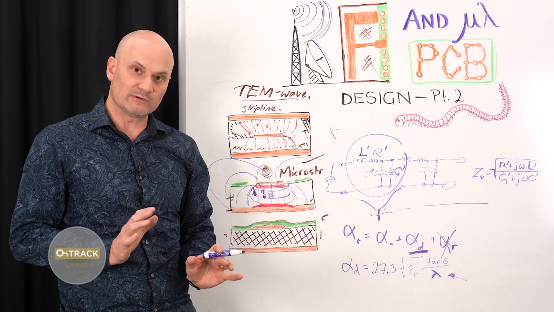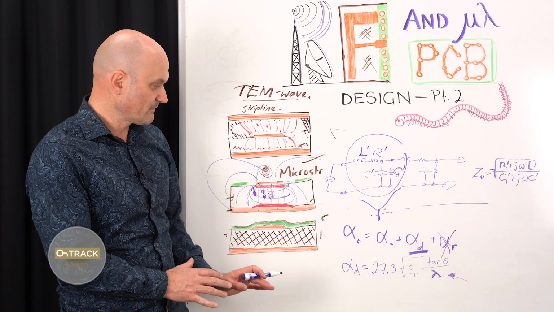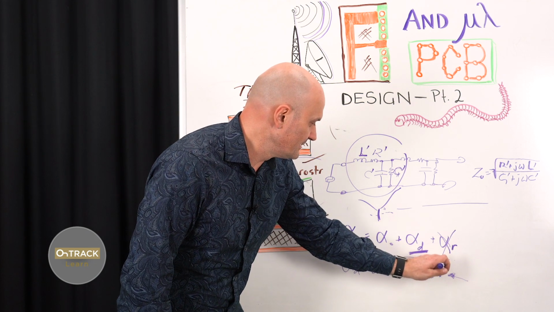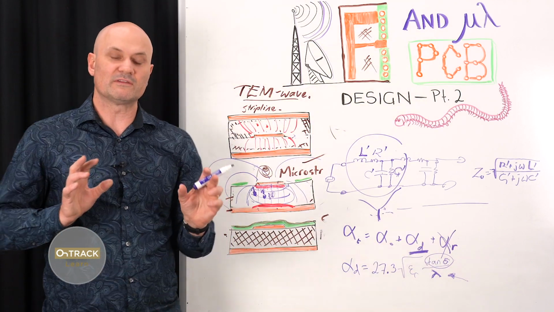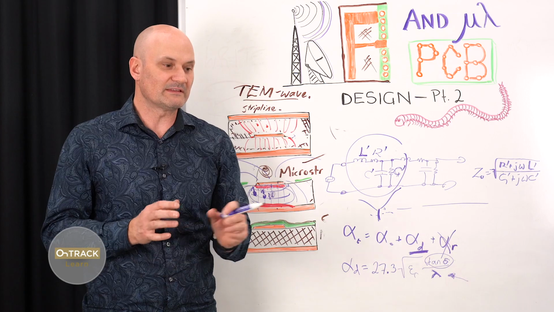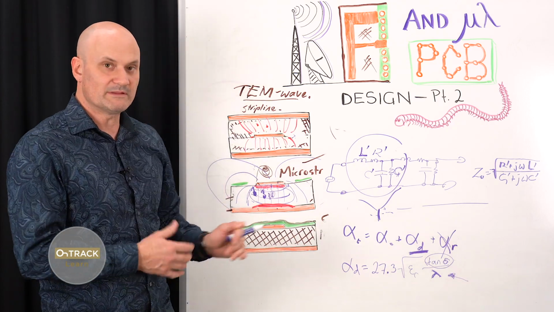The higher the frequency, the more lossy a material is going to be. And this parameter here, tan del, people call it the loss tangent. And it's actually something that's measured by the manufacturer of your material and given in the material data sheet.